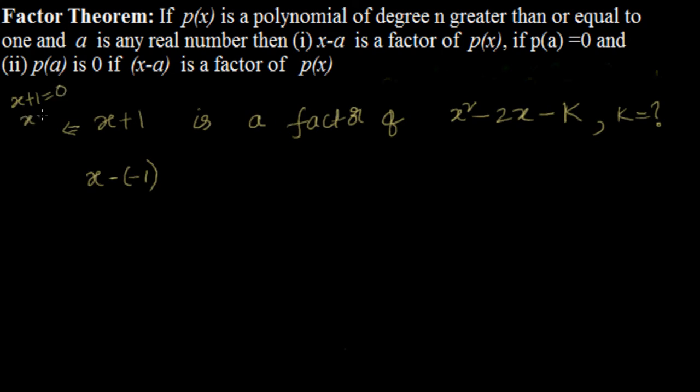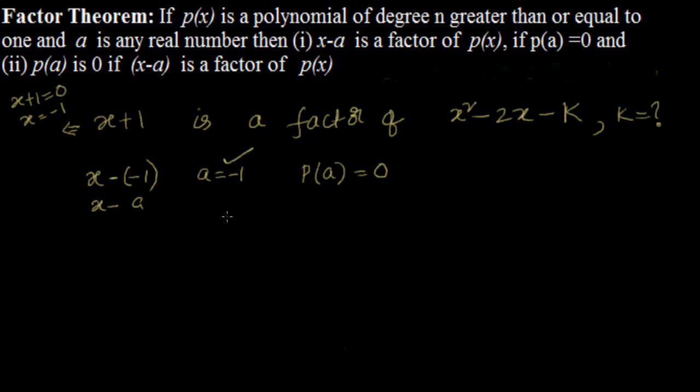That gives you x equal to minus 1, or I can write x minus of minus 1, which is nothing but in the form of x minus a. So a equal to minus 1. I should have p of a equal to 0 because x minus a is given as a factor of this. Now my a value is equal to minus 1.